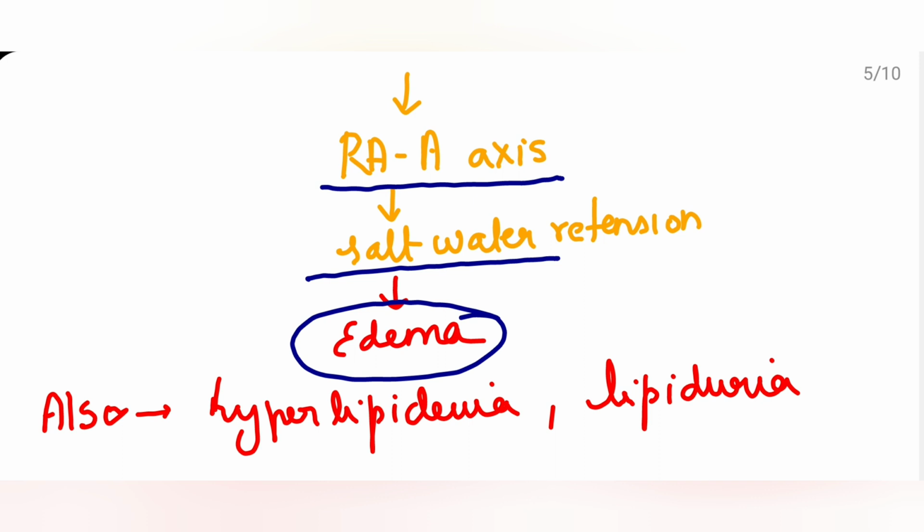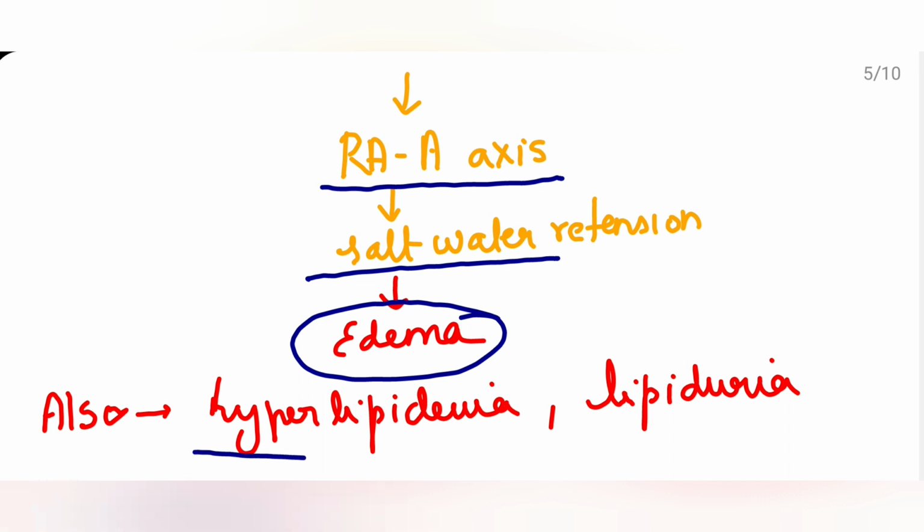Also, you can see hyperlipidemia. The cause for this is not yet known, but it is believed to be because of low albumin levels, which trigger the synthesis of lipoprotein in the liver. Or they also believe that this massive proteinuria causes loss of an inhibitor of lipid synthesis.